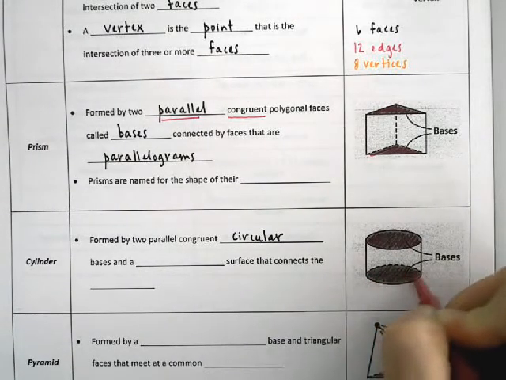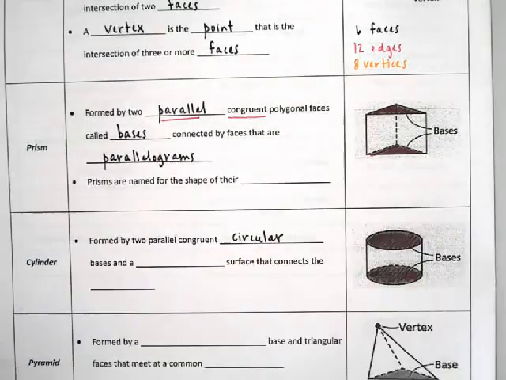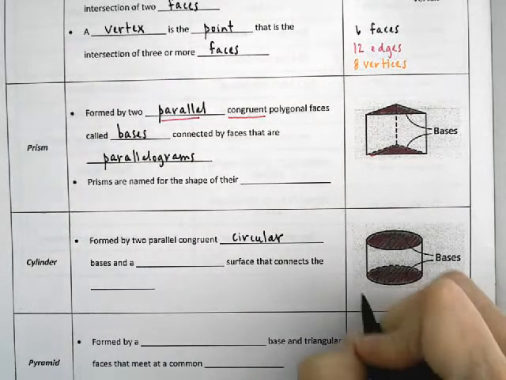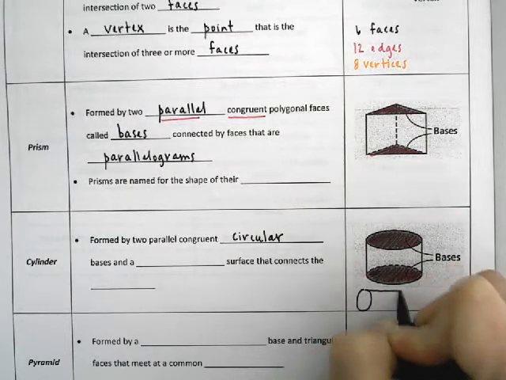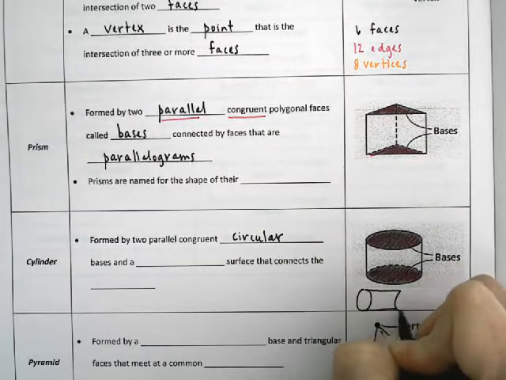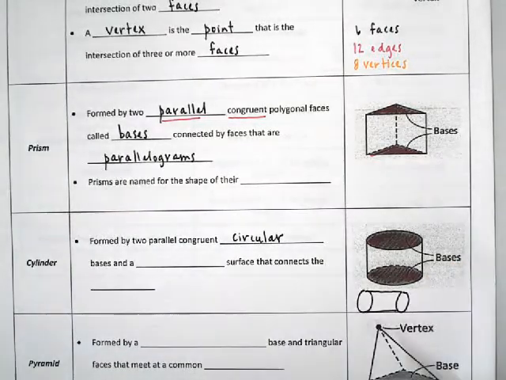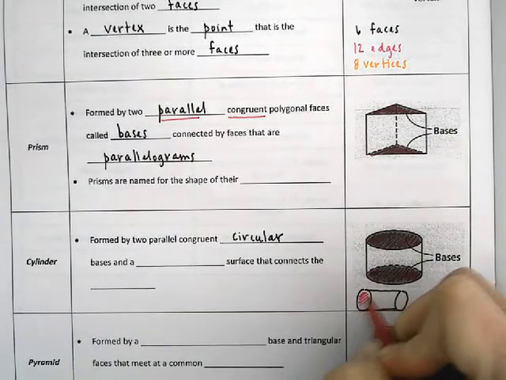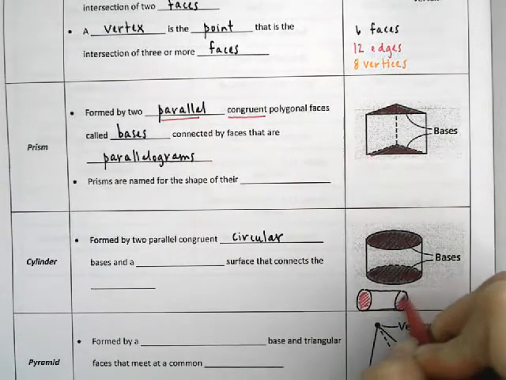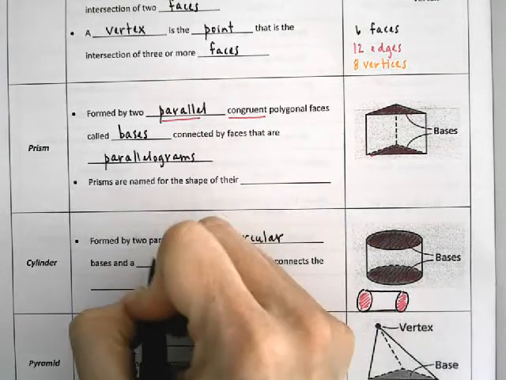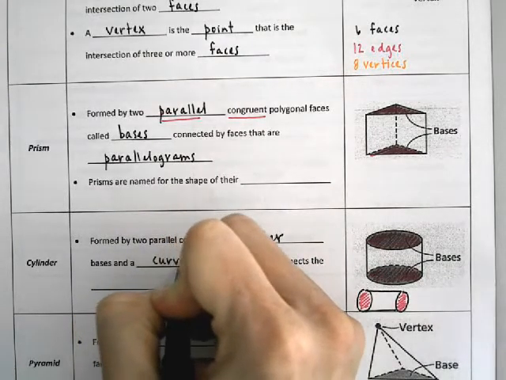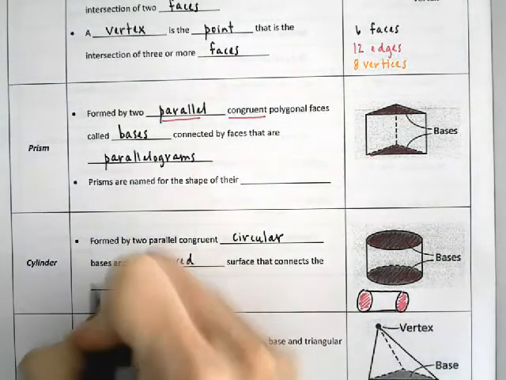And again, this happens to be sitting on its base, but we could imagine one that is maybe rotated like this, right? And these would still be our bases because they're the parallel and congruent faces. Okay. Now here we have our circular bases, and here we happen to have a curved surface that connects the bases.